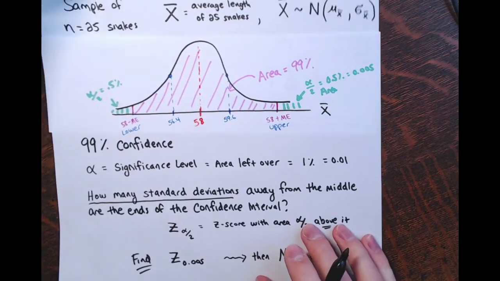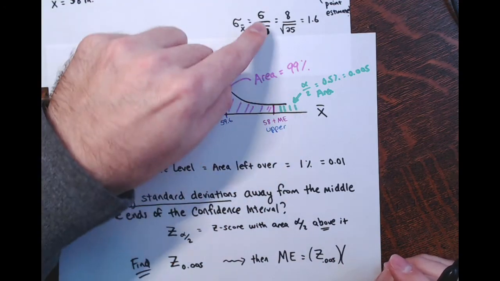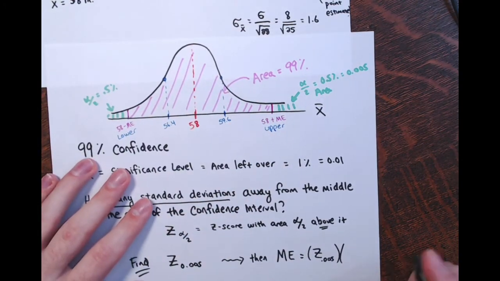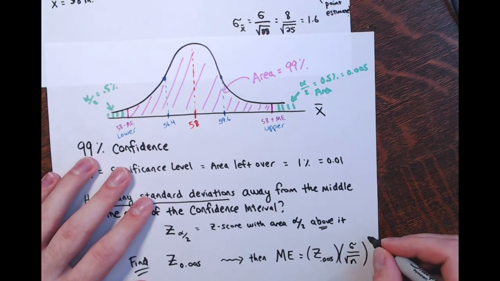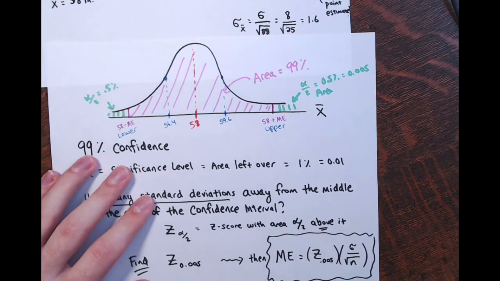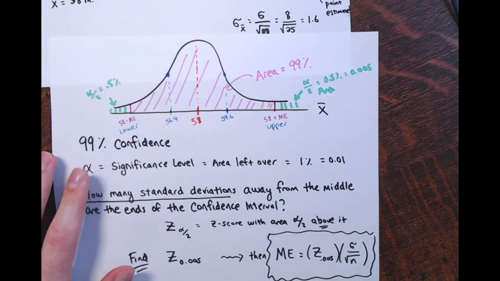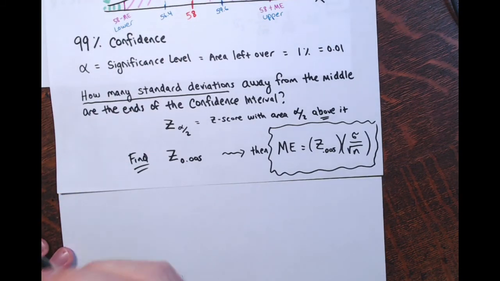Remember, the standard deviation for the x bars was sigma over the square root of n. So here's a formula for the margin of error. I'll write this up on the next page too, and you may have seen it in another video before as well.